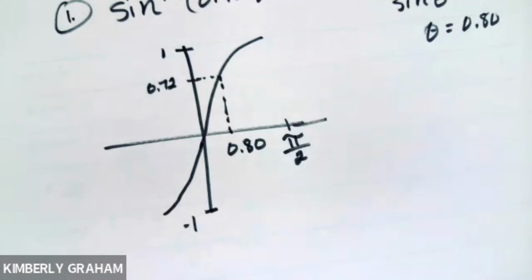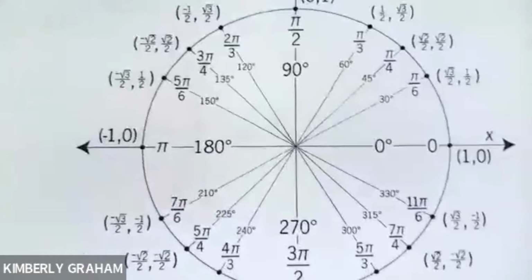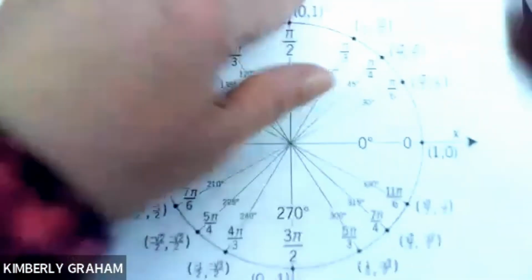But what I can do is use my unit circle to work with those special angles like 30 degrees, 45 degrees, and 60 degrees, or any multiple of that. So anything that is pi divided by 6 or pi divided by 4 or pi divided by 3, or multiples of those, is going to be on this unit circle.